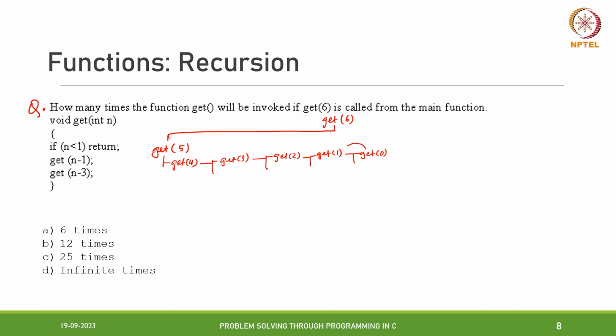The recursion for this particular branch will stop here. N becomes less than 1, so it will return 0. Now this returned back here. Okay, what is the next statement? When get of 1 was called, the first statement was get of n minus 1, which was get of 0. So what was the next statement after that? Get of n minus 3, right?